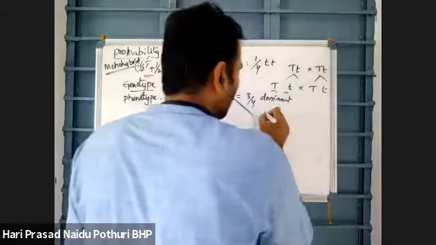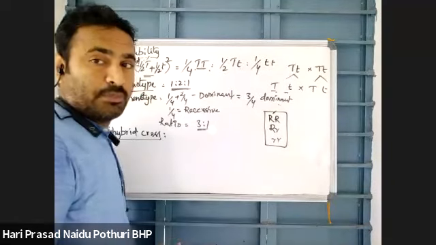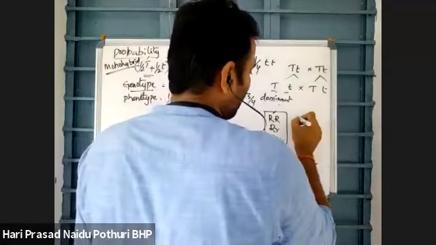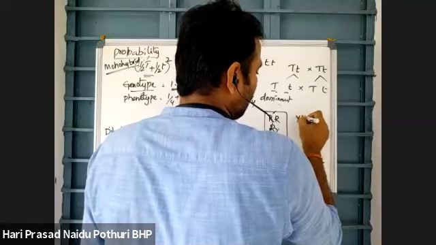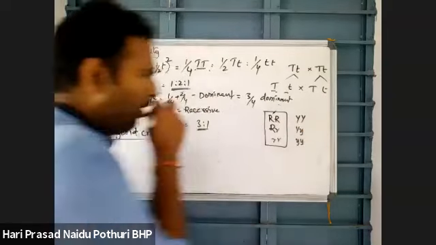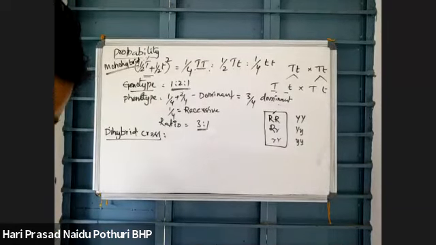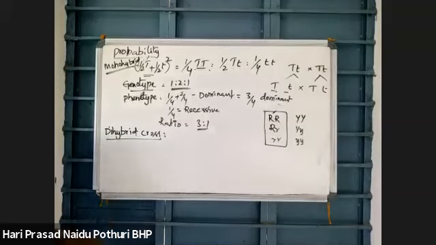I mean, this one gene which is round shape is exhibiting three genotypes, and this one seed color: homozygous dominant, heterozygous, and homozygous recessive. Three types are there. So based on that, I will erase the board, then I will explain how the probability will come in a diagram.